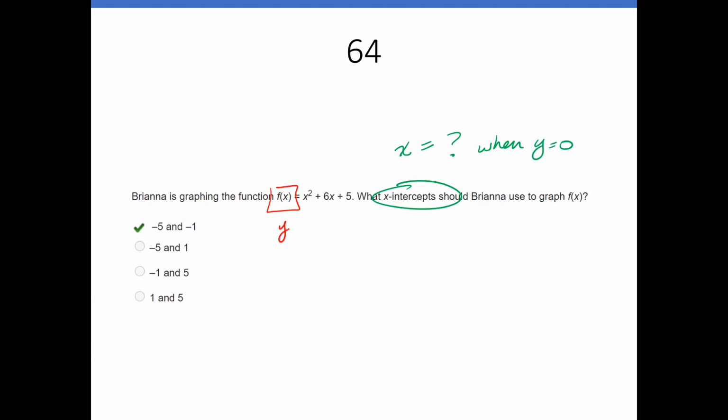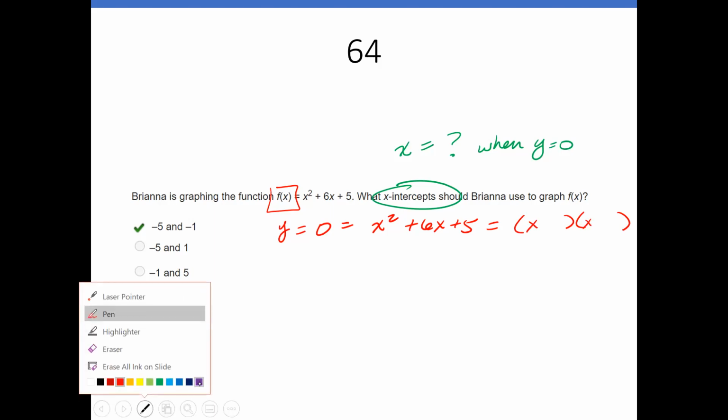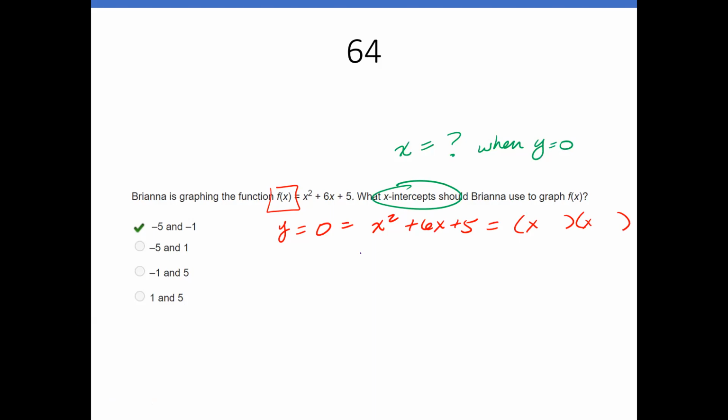F of x is y, okay? And then remember I said y has to equal 0. So that's equal to x squared plus 6x plus 5. So let's go ahead and factor it out. You're gonna have 2 parentheses, x in the front, but then I don't know what my number is gonna be inside and towards the back. So that's why they do a table, okay?